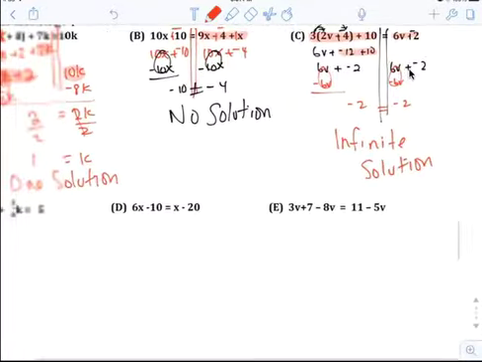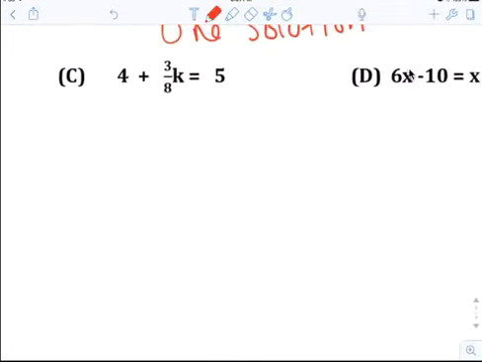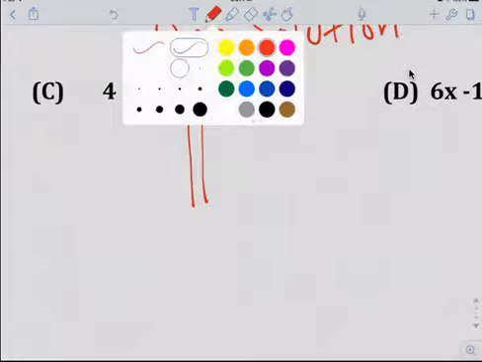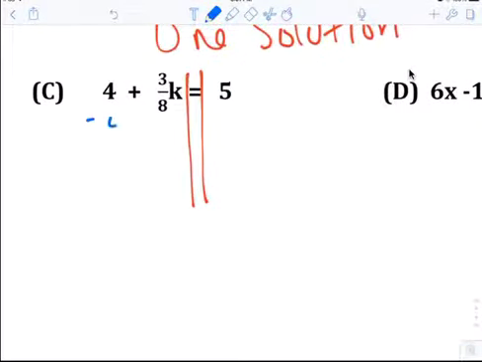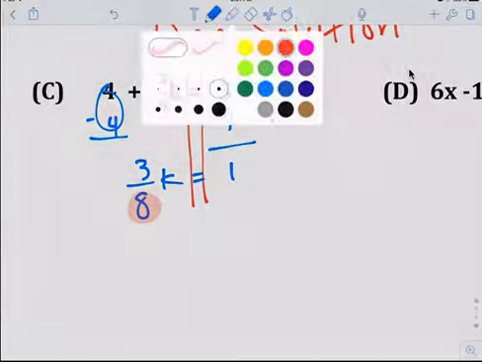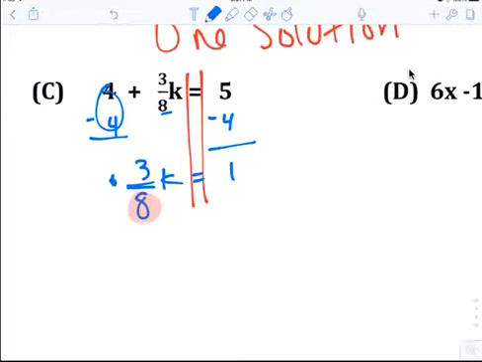Okay. So this one, in some classes I did this problem, in some classes I did not. You make 0 first, you minus 4, minus 4. 0 plus 3k is 3k, and 8 over k equals 1. And then you have to get rid of this 8. So this is divide by 8, so you multiply by 8, multiply by 8.